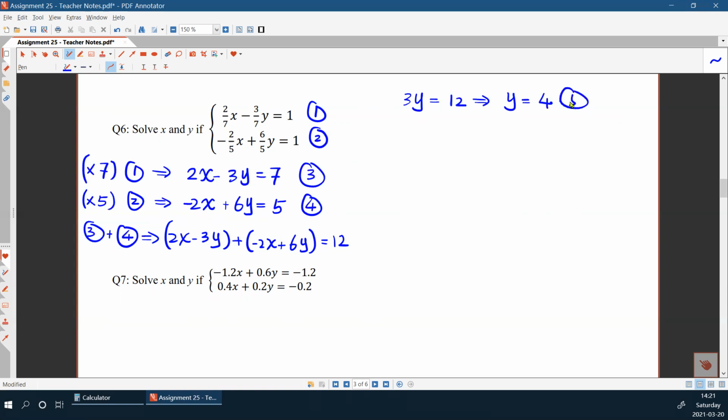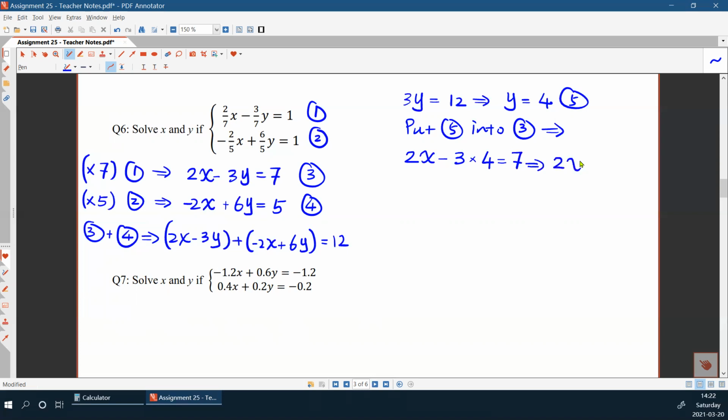Okay, so let's call this 5. Then we can put equation 5 into either equation 3 or 4, right? So how about into 3? And this way you will get 2x minus 3 times y, which is 4, equals 7.